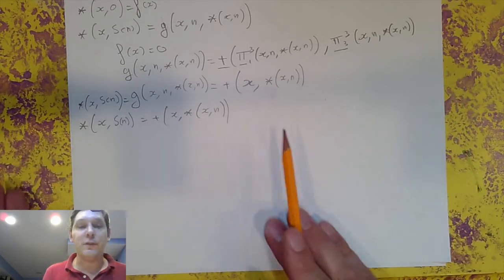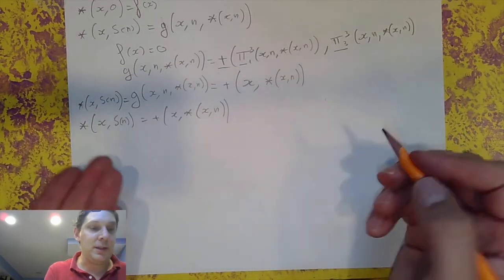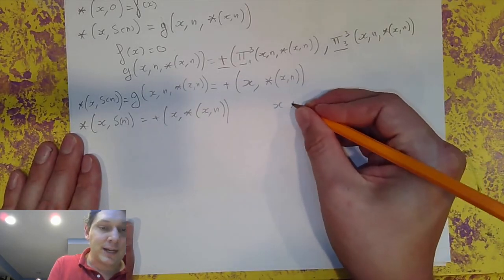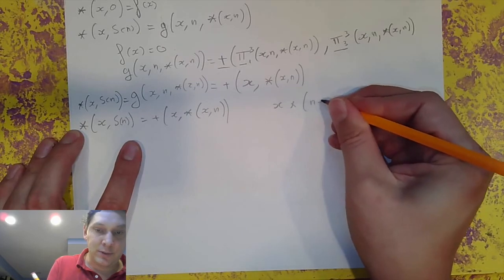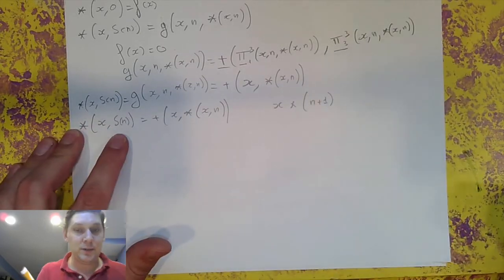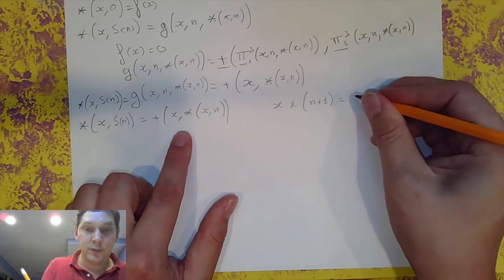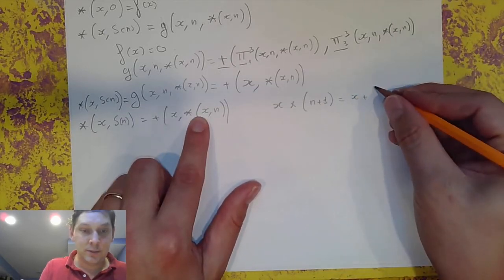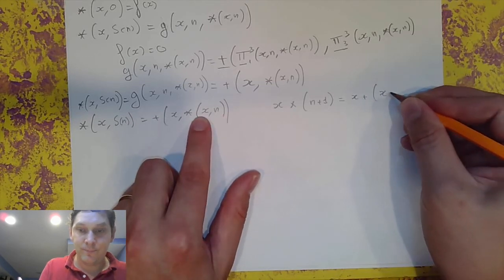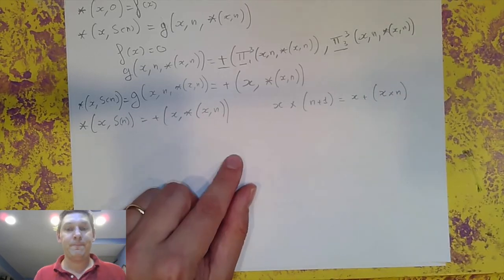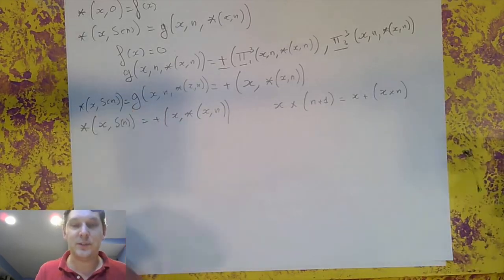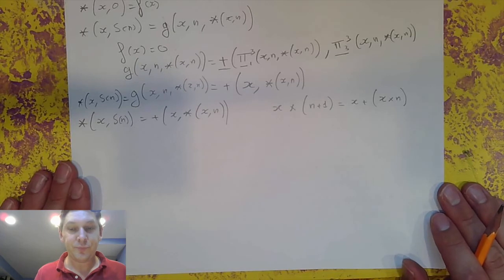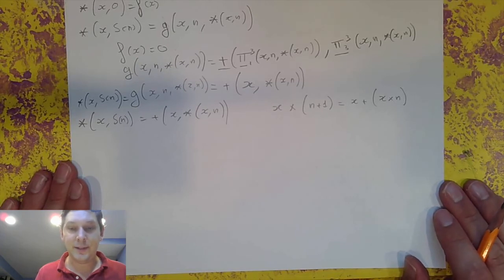Now, just in terms of meaning, what are we saying here? Well, really, in plain math, we're saying x times n plus 1, right? Successor of n is n plus 1, equals x plus x times n. There is nothing problematic here, right?